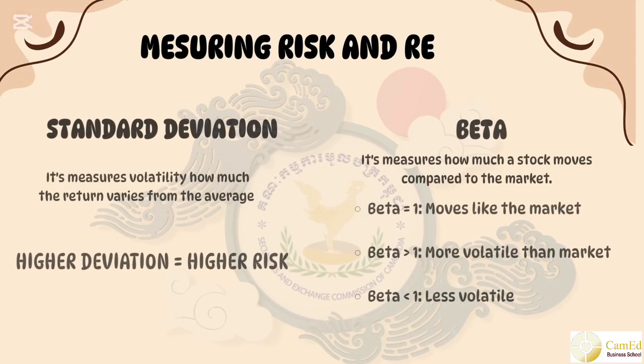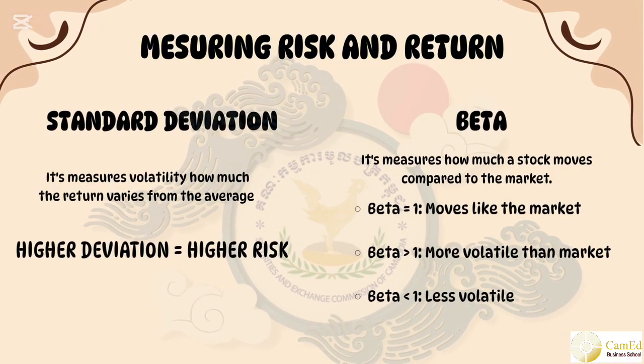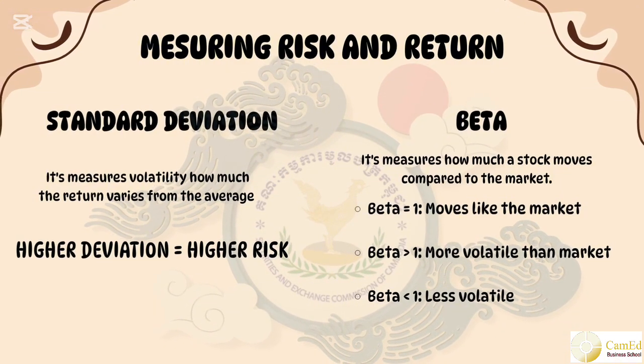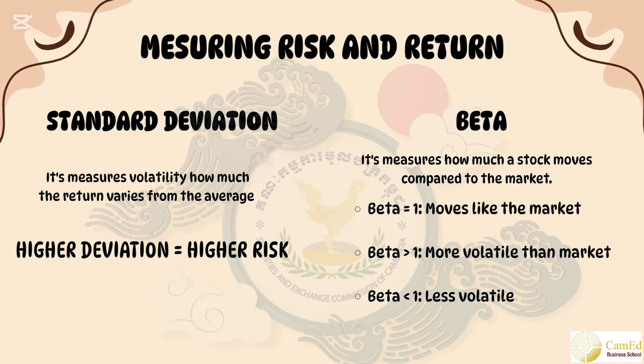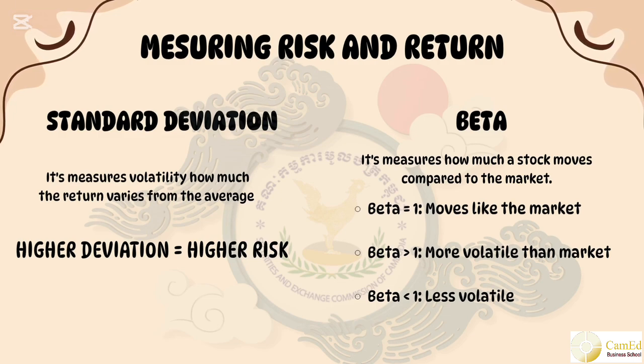So now I'll be talking about measuring risk and return. We need to know what standard deviation is. It measures volatility, how much the return varies from the average. So a higher deviation is equal to higher risk. Beta is the measure of how much a stock moves compared to the market. And these are the conditions. If the beta equals 1, it means it moves like the market. If the beta is greater than 1, it is more volatile than the market. And if the beta is smaller than 1, it's less volatile.